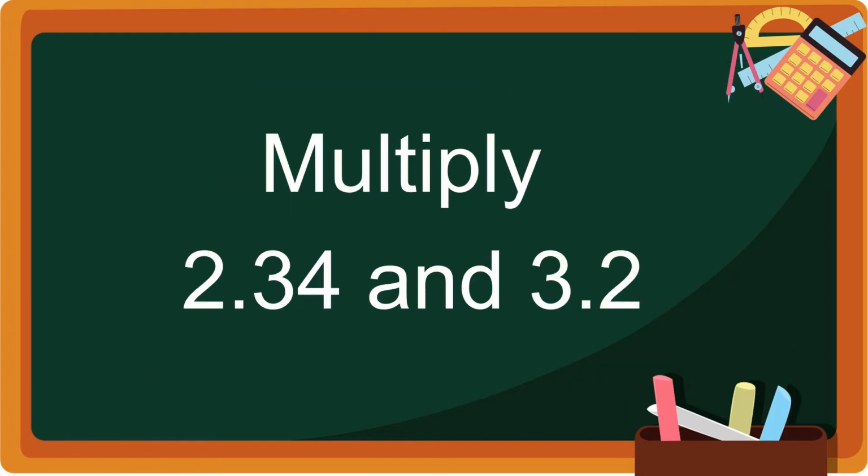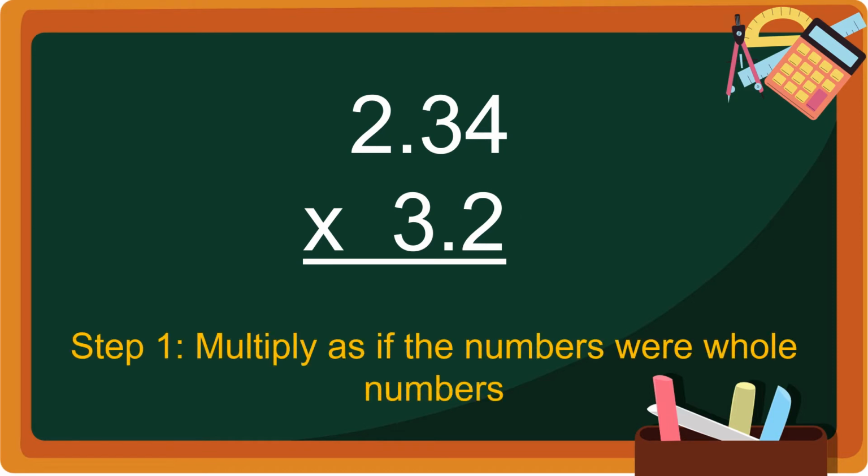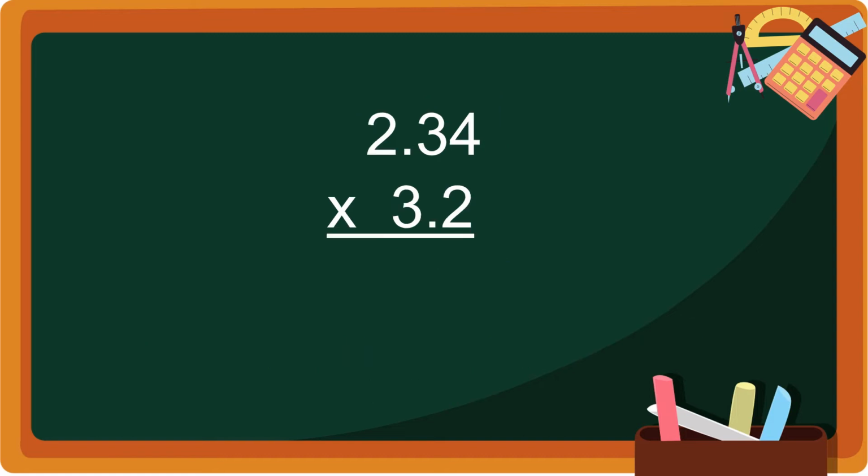Then, we'll have a multiplication of a decimal number by another decimal number. Multiply 2 and 34 hundredths and 3 and 2 tenths. Step 1. Multiply as if the numbers were whole numbers. Let us multiply 2.34 and 3.2.